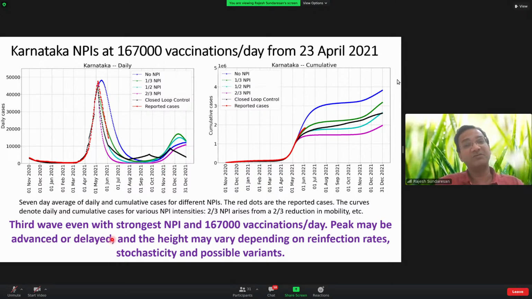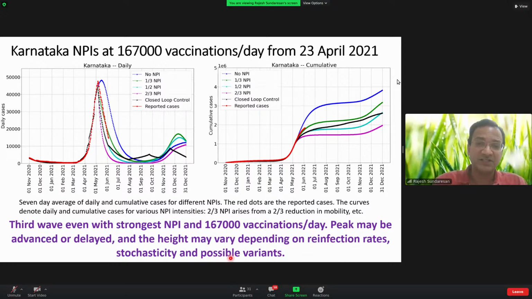So the third wave is visible even with the strongest NPI, that's the magenta curve, with 1.67 lakh vaccinations per day. Now, we know that the peak may be advanced or delayed because during this phase, there is a significant amount of stochasticity. And the height may also vary depending on the transmissibility, etc., or reinfection rates.